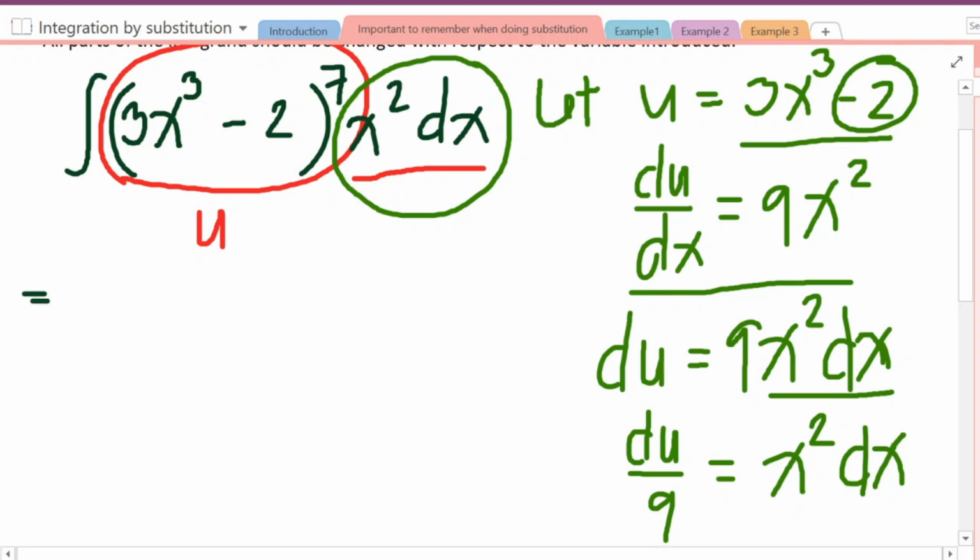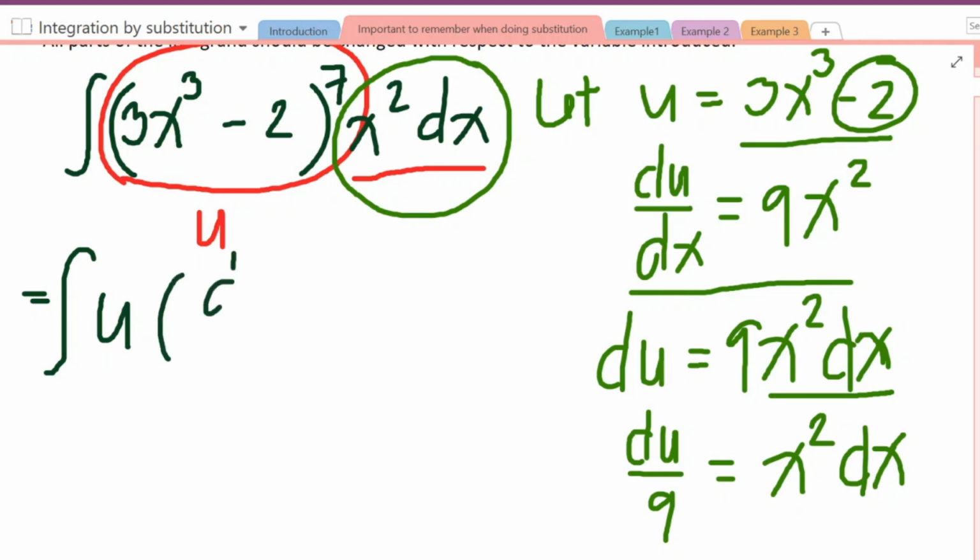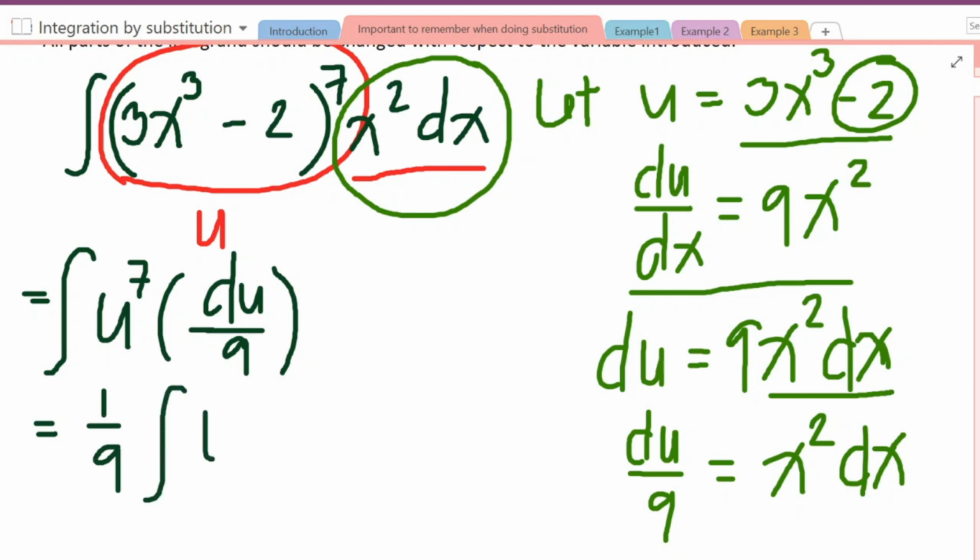The original integral can be written as u, that is your u, raised to 7, the original exponent, and x squared dx is the same as du over 9. 1 over 9 is a constant, and by the properties of indefinite integration, we can factor that out. So we write 1/9 integral of u raised to 7 du.